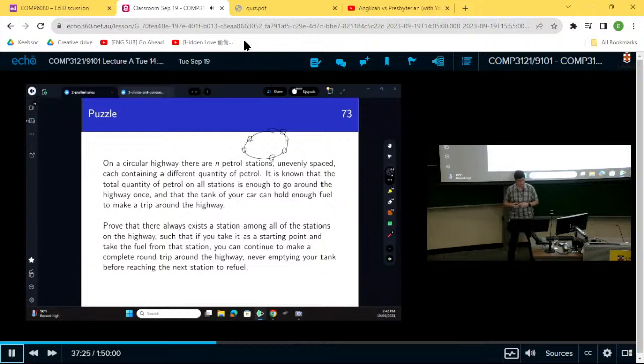What we need to do is prove that there always exists a station such that, if you take that station as a starting point, starting from an empty fuel tank and filling up at that station, you can go around the highway without ever running out of petrol. There's a nice proof by induction that you can try out.